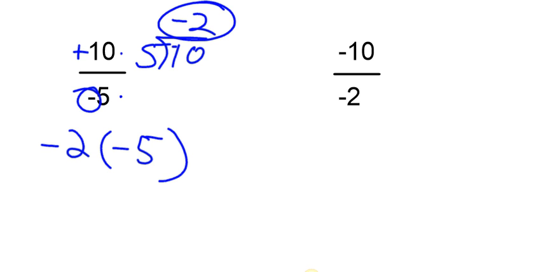Well, how about the other one then? -10 divided by -2. Once again, we're going to do the same idea. A -10 divided by a -2 is going to give us the answer of 5. Not 5 negative, but 5 positive, if you will. And why is it going to be positive? Because if we reverse this, we would say it looks like this problem.